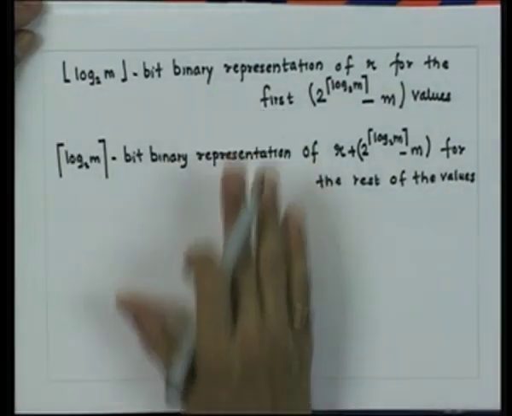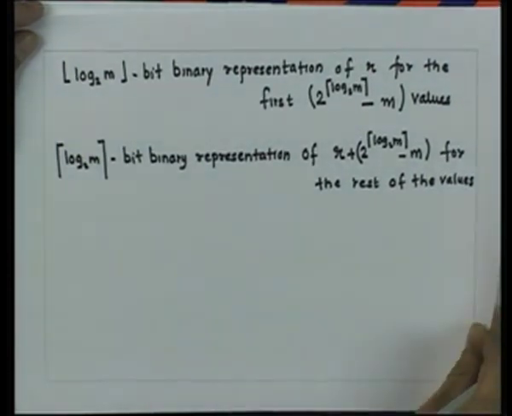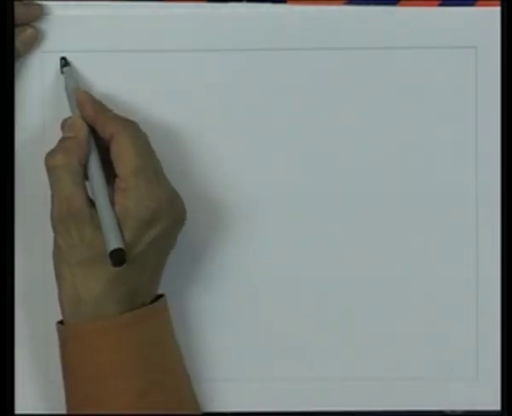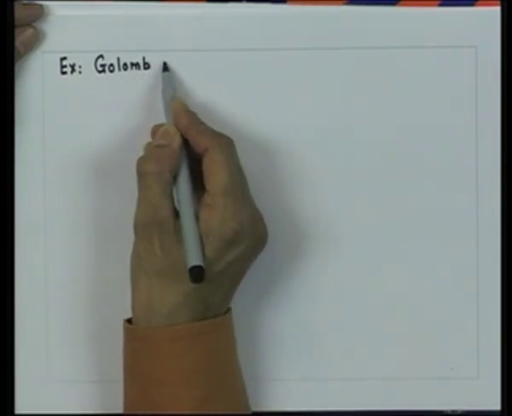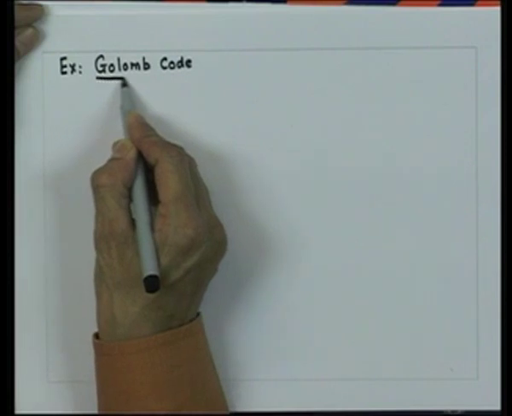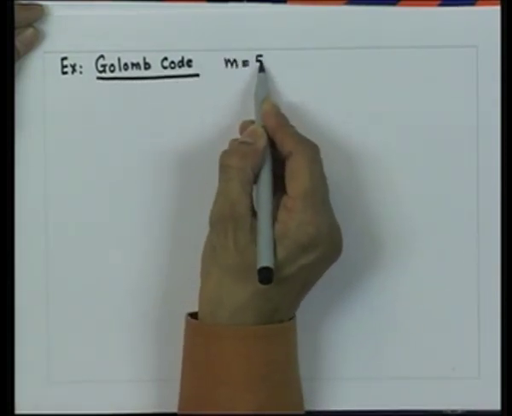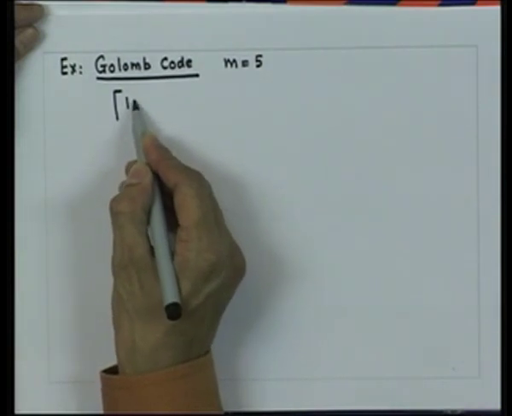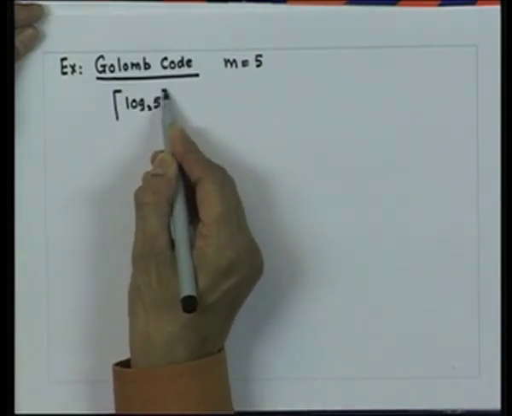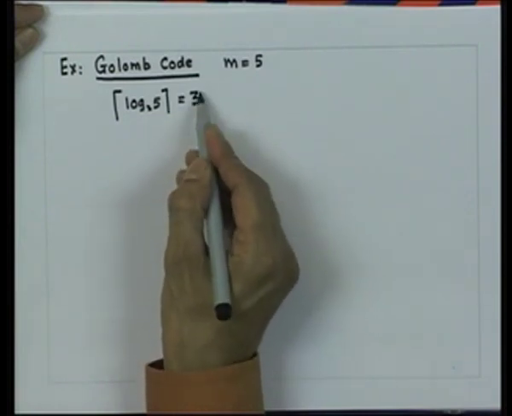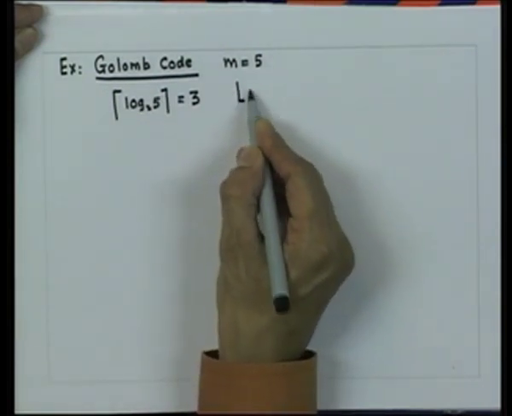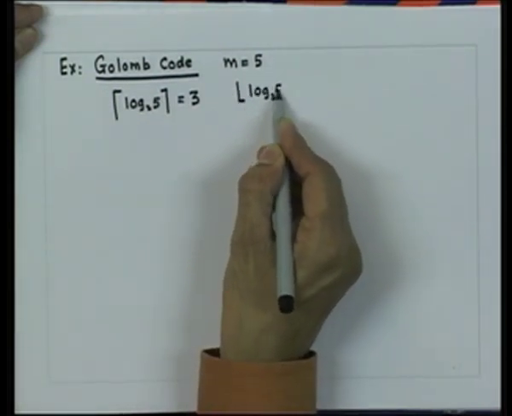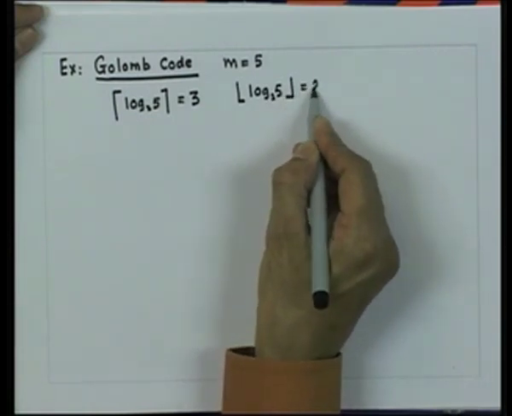In order to understand this in a much better way, let us take up a simple example. Let us take an example where a Golomb code is parameterized by m equal to 5. In this case, the ceiling of log 2 5 is equal to 3, the integer just larger than this value, and the floor of log 2 5 is equal to 2.